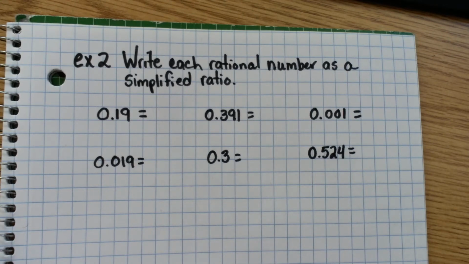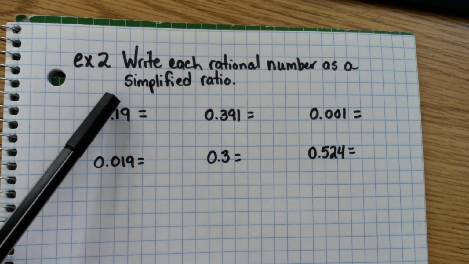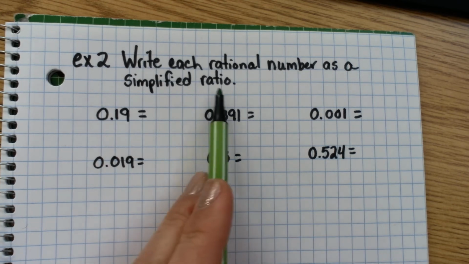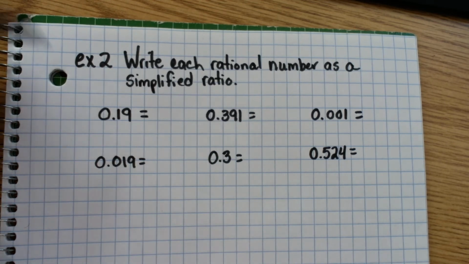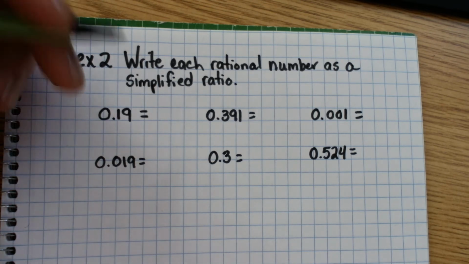Moving on to example 2, we are asked to write each rational number as a simplified ratio. So each of these numbers is a decimal number, which is a rational number because they terminate or end. And they want us to write it as a simplified ratio, so that means as a fraction in simplest form. So let's take a look at this first one, 0.19 or 19 hundredths.